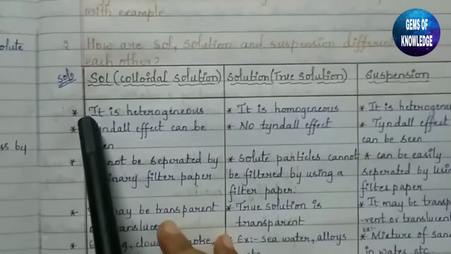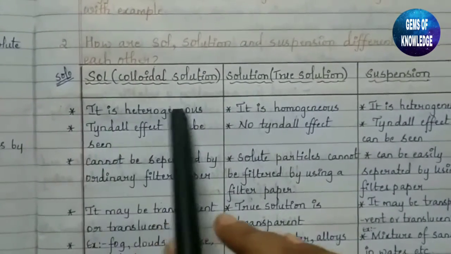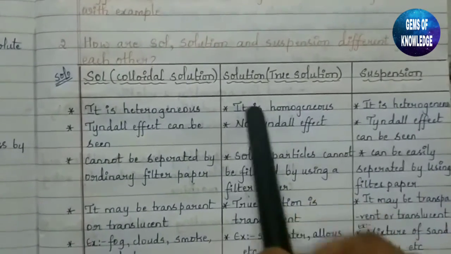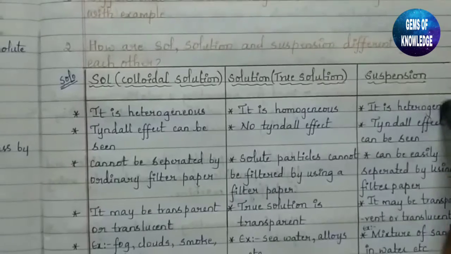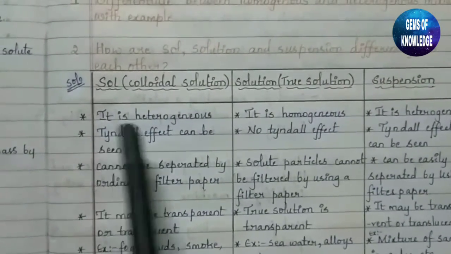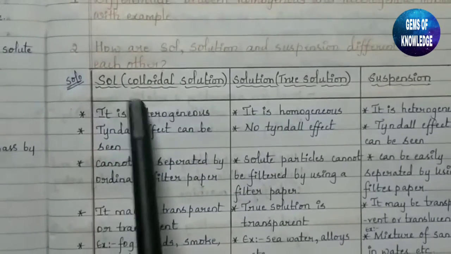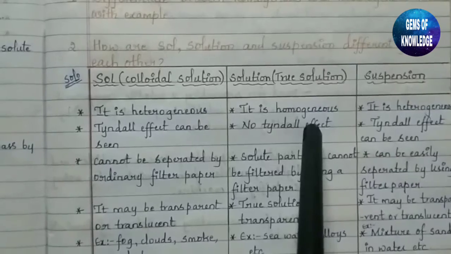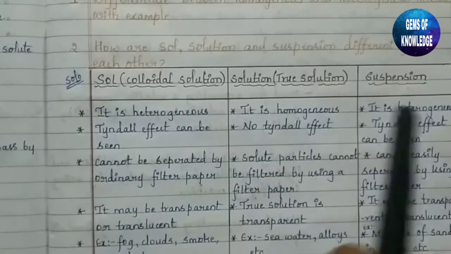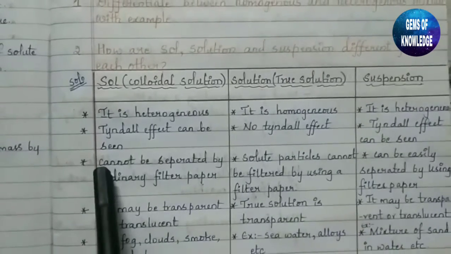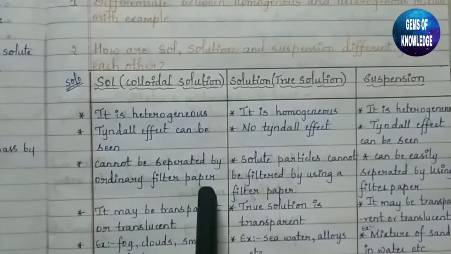Okay. So the first difference here is that the sol is heterogeneous, whereas the solution is homogeneous and the suspension is again heterogeneous. Then the second point is whether the Tyndall effect can be seen. In the colloidal solution we can see the Tyndall effect, but in the true solution there is no Tyndall effect, whereas in the suspension we can see the Tyndall effect. Then, can it be separated by ordinary filter paper?